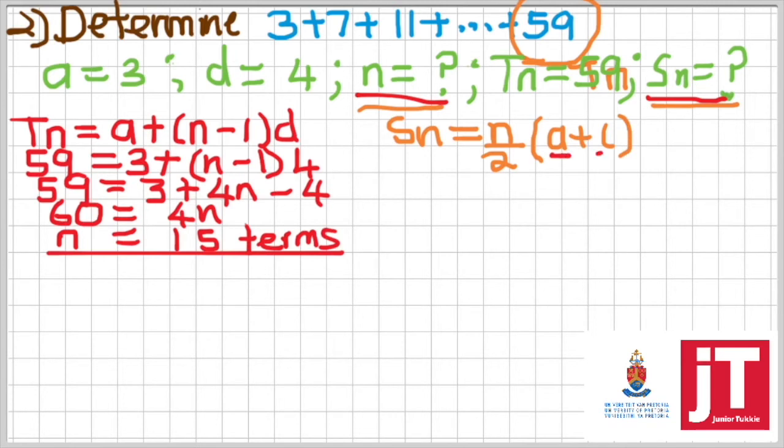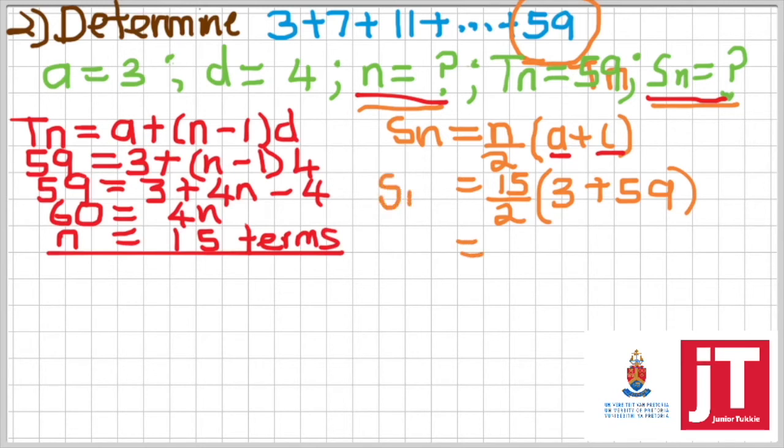So we can have it as 15 over 2. Our a is 3, our last term is 59. It's just a case of substituting there. Then simplifying, we get our S15 to be equal to 465. If you add those 15 terms, our total sum should be 465.